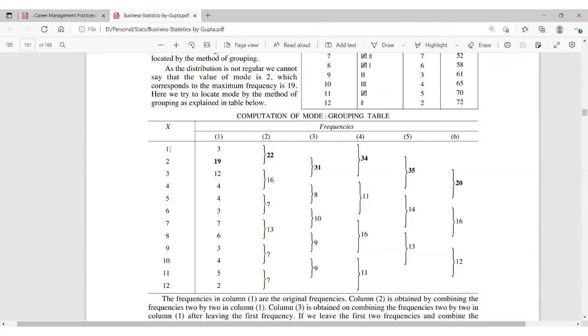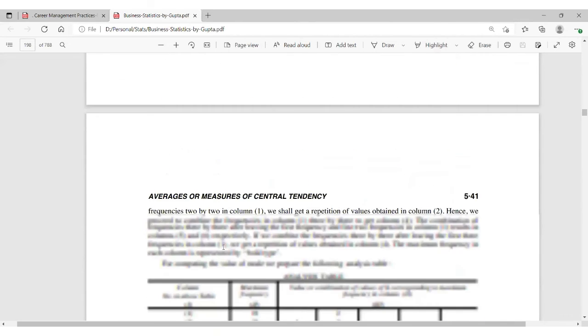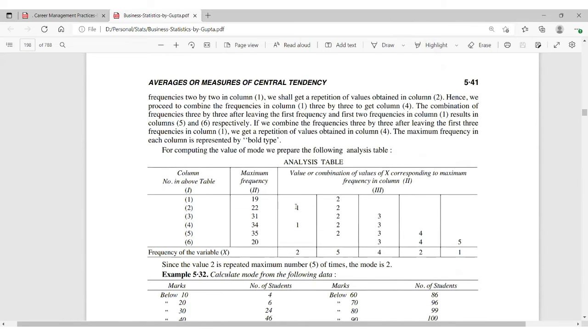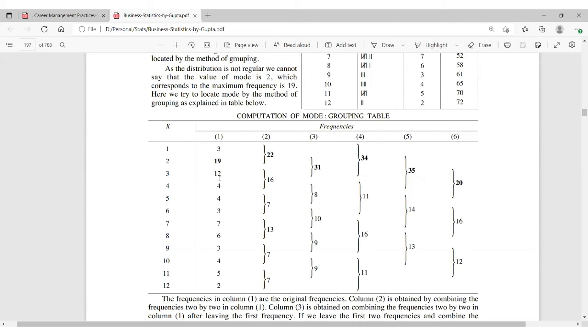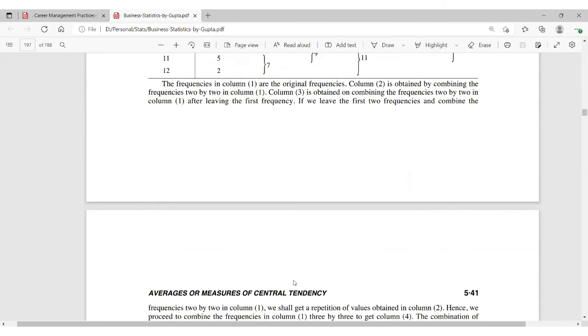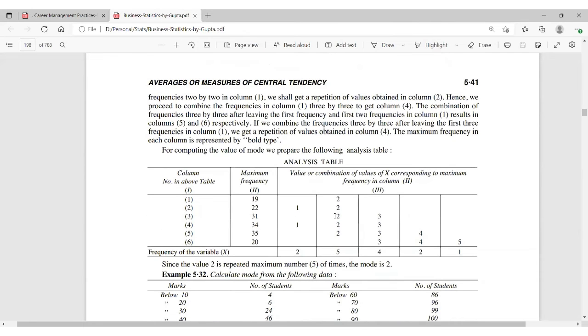The corresponding values are 1 and 2. In 22, they have written 1 and then 2, right? Similarly, 31, by adding 19 and 12. That means corresponding values are 2 and 3. 31, 2 and 3.